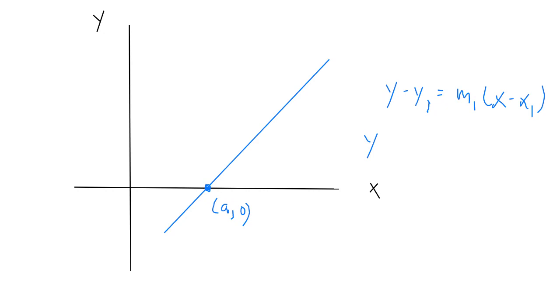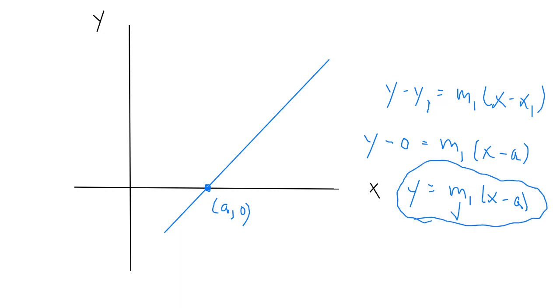So that means y minus 0 equals m1 times x minus a, and therefore y is equal to m1 times x minus a.